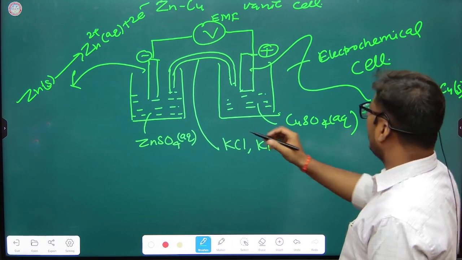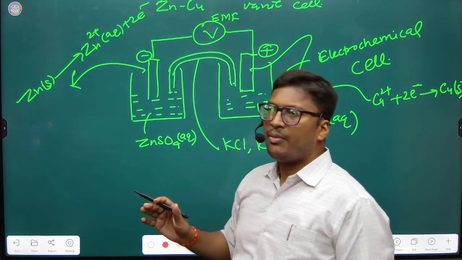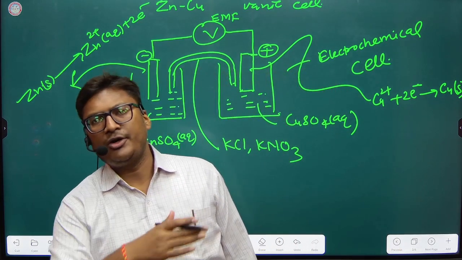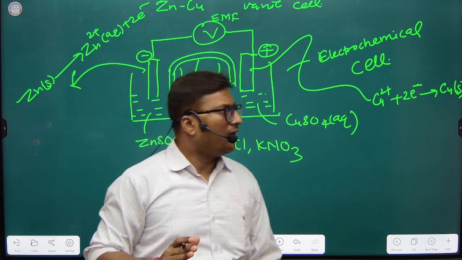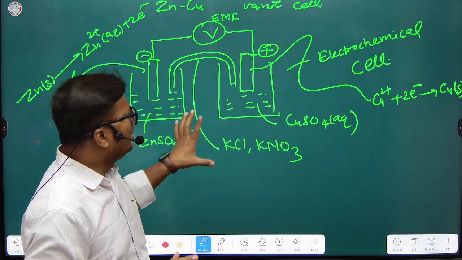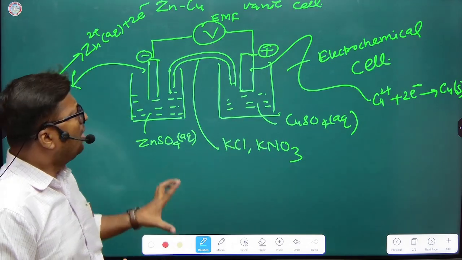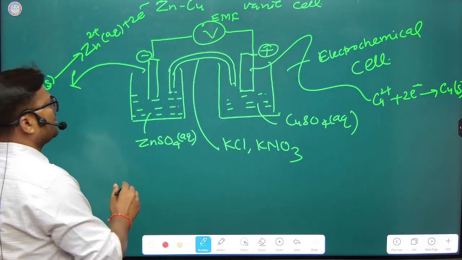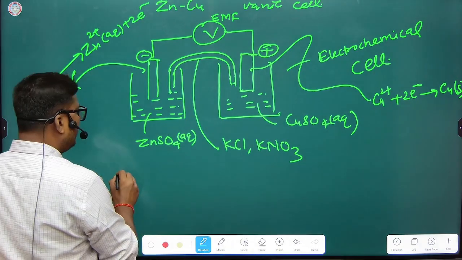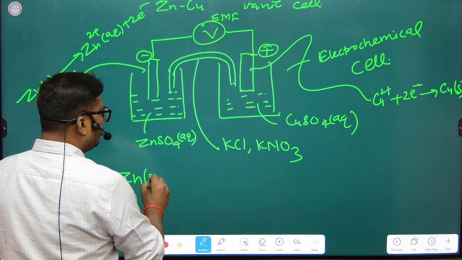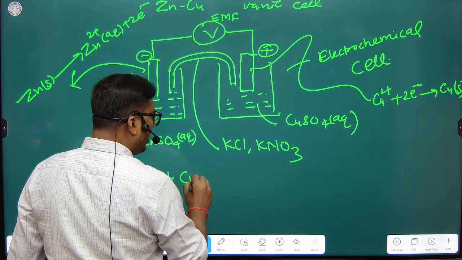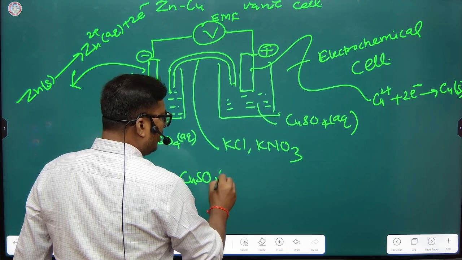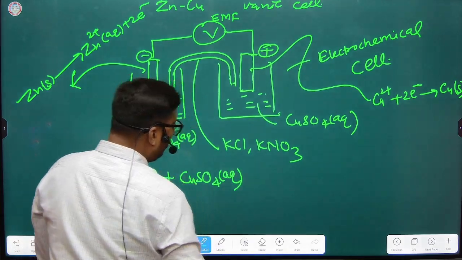So these are the two reactions that are fundamental in an electrochemical cell. Once they are combined, they create the overall cell reaction. So the overall cell reaction is that zinc solid reacts with copper sulfate aqueous solution.